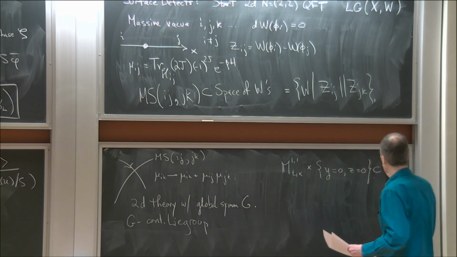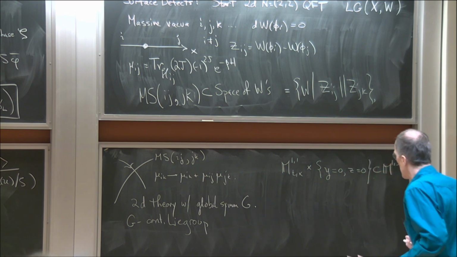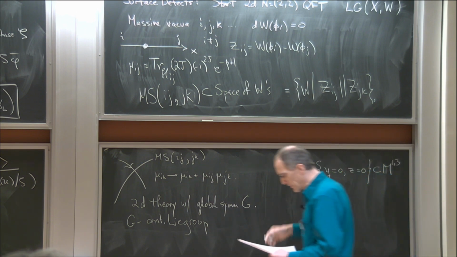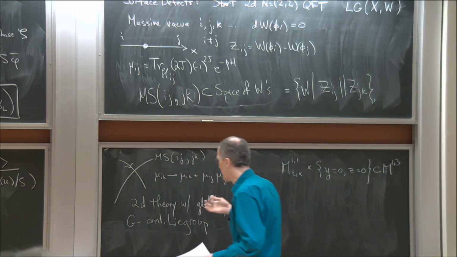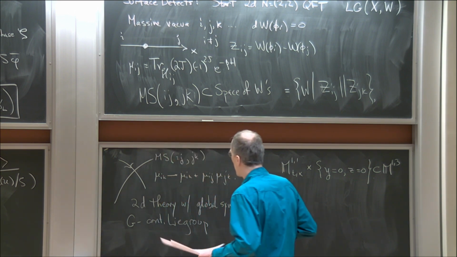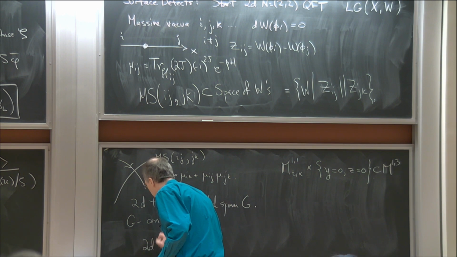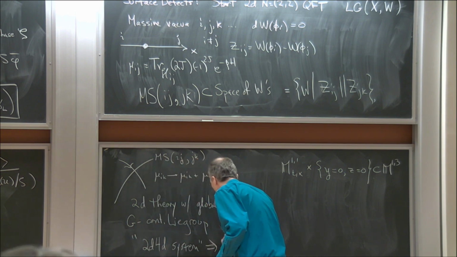So imagine this sitting inside 3 plus 1 dimensional Minkowski space. And we put our 1 plus 1 dimensional theory here, and we couple it to an ambient 4-dimensional G super Yang-Mills, or N equals 2 theory with G gauge symmetry. And then we get what we call a 2D-4D system. And that implies new phenomena.